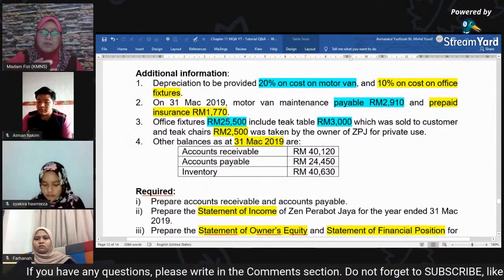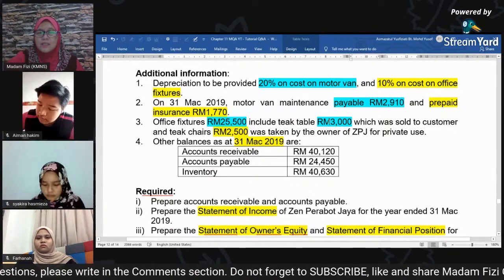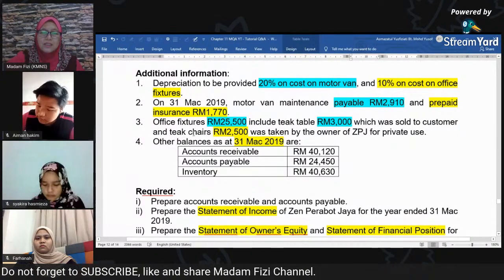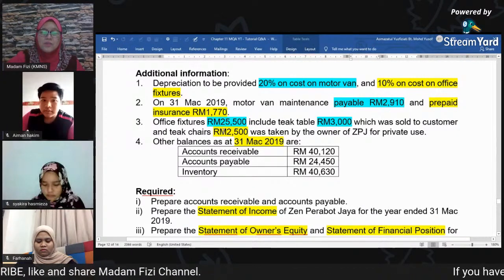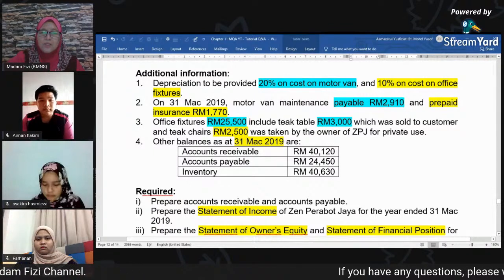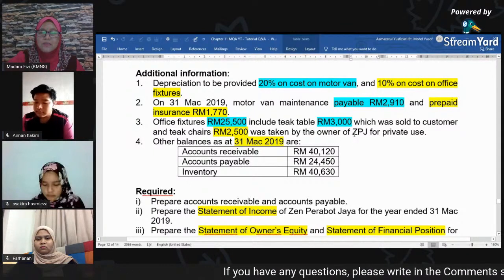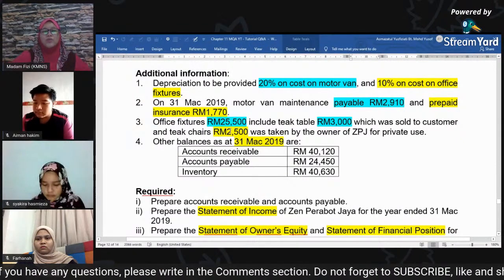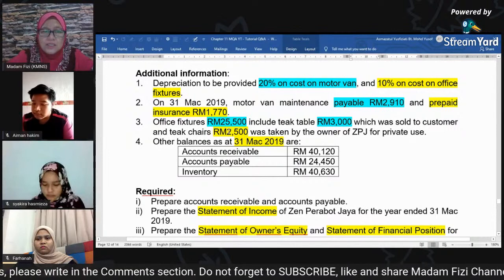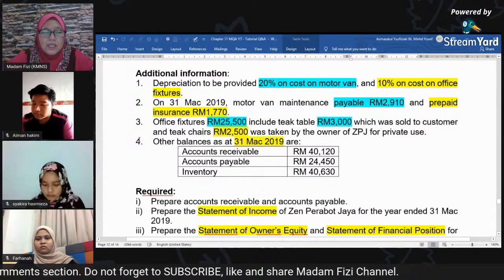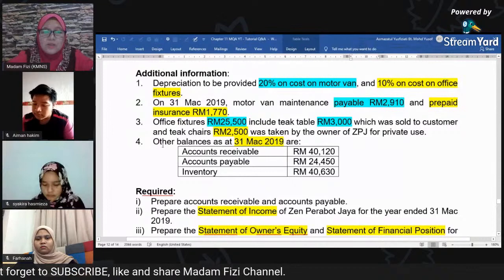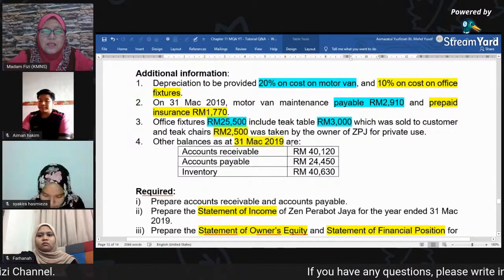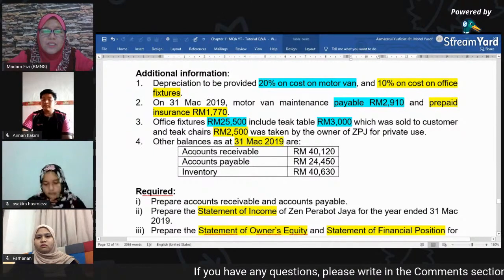Take table ni meja kayu jati tu, 3,000, which was sold to customer, and take chair, kursi jati is 2,500, was taken by the owner of ZPJ for private use. So ini adalah drawings. 2,500 is drawings.